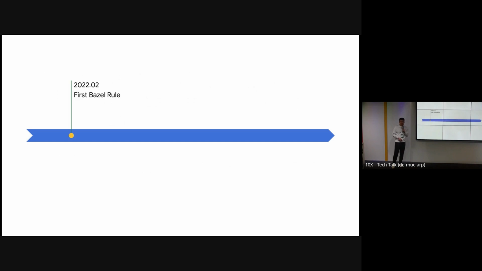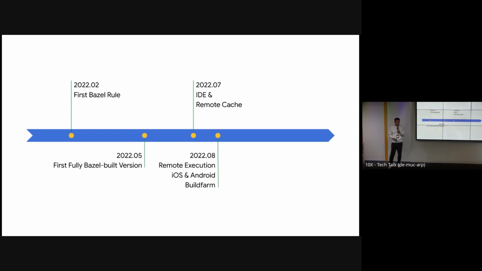So in February last year, we wrote our first Bazel rule. The first fully Bazel build version took us 3 months. Then we spent another 2 months to add the IDE integration and remote cache support. We added the remote execution support for iOS and Android builds with the build farm in the following months.